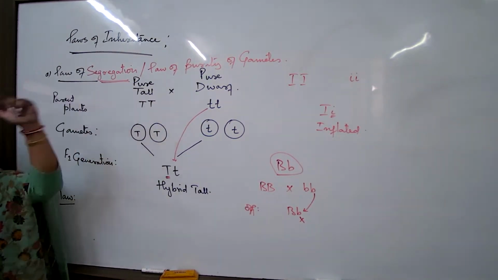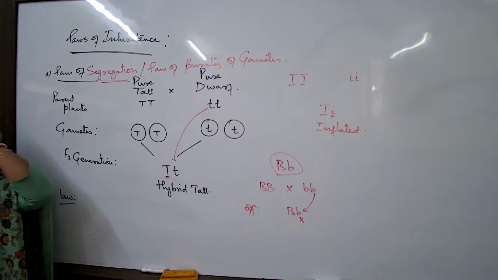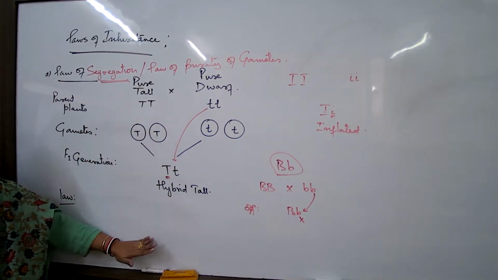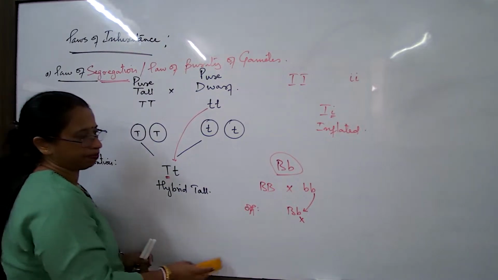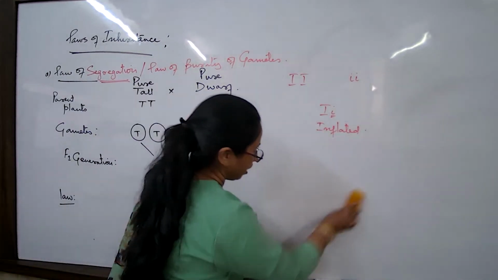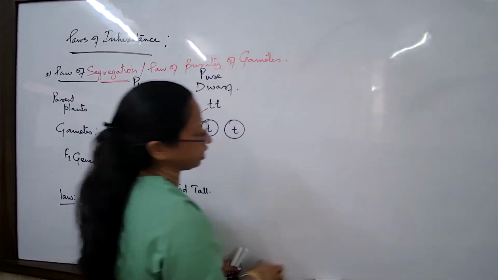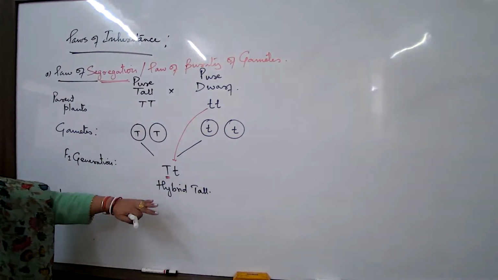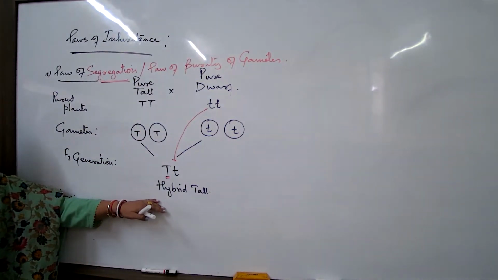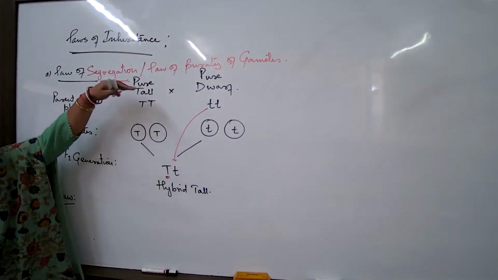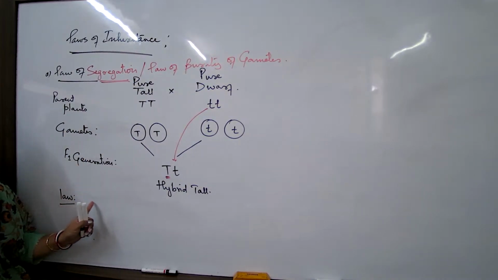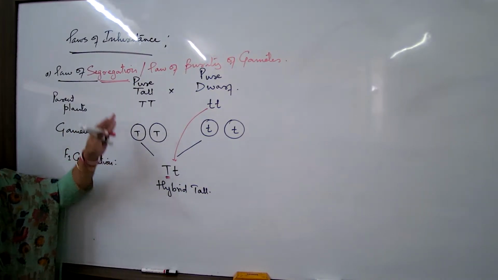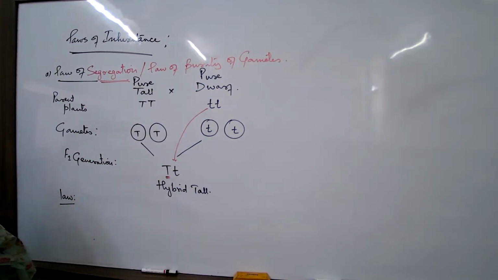For the law of purity of gametes, it is the same thing that we'll have to do till here. First generation tak exactly everything is the same. The same thing you will write again: the first parent plants, gametes, F1 generation, genotype, phenotype exactly. Now try writing it down.